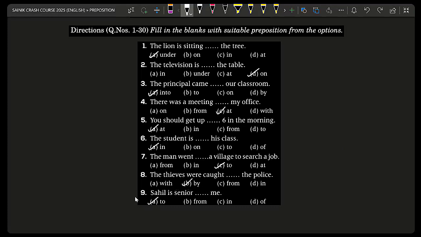Then what will be the correct answer? Sir, than. Yeah, than is correct, but the question itself is wrong. You won't say Sahil is sincere than me. You will say Sahil is more sincere than me. So we'll be using sincere, more sincere, and most sincere, right? Degrees of comparison, right? Yes, sir. Okay, Bhuvana, very good. You can mute yourself.